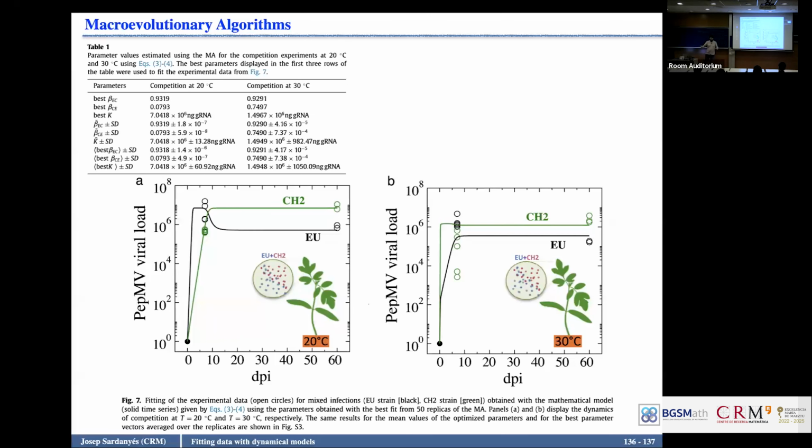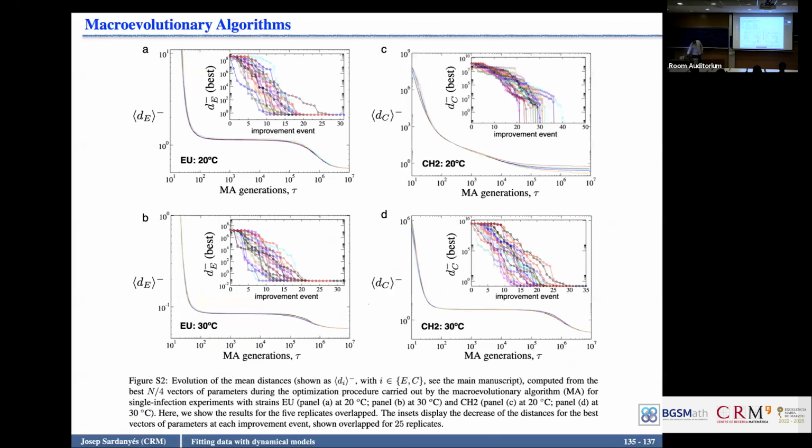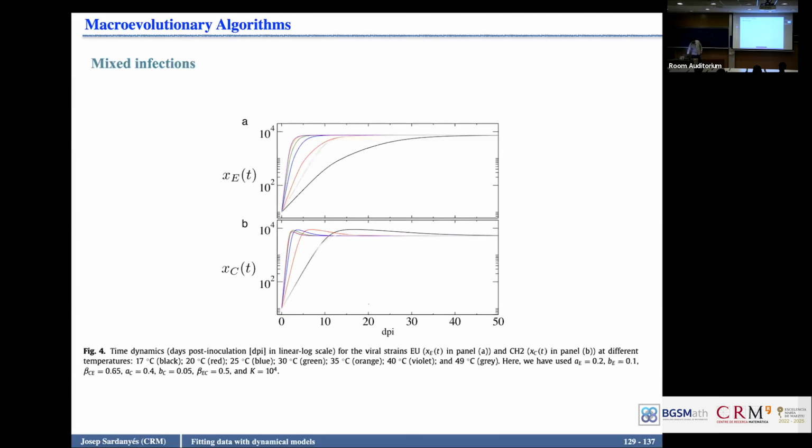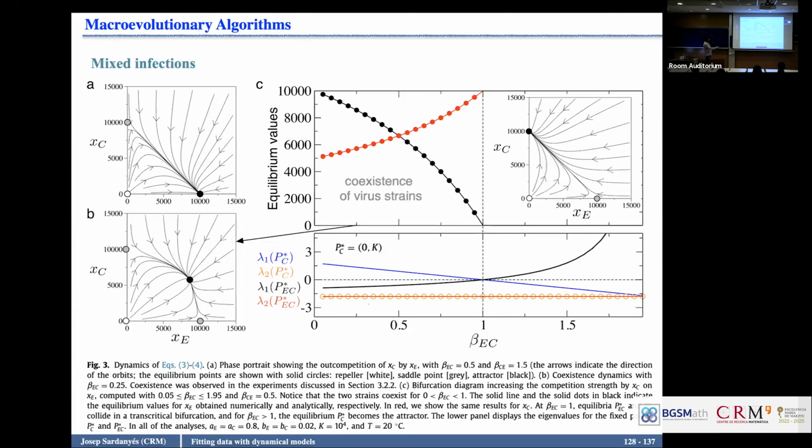Not at the equilibrium, which we know, because we have done the equilibrium points and stability, and we know that playing with the betas we can have a competition, or at least we switch here. When I was doing it, I didn't have much faith that it would work, but finally it worked.